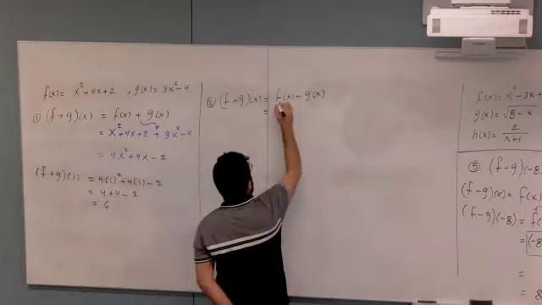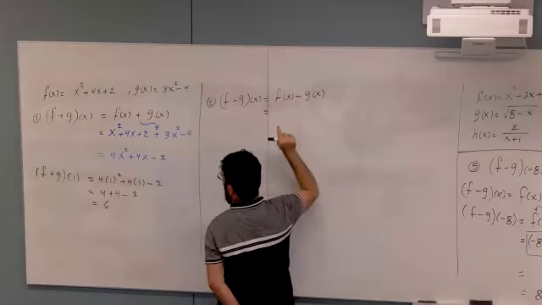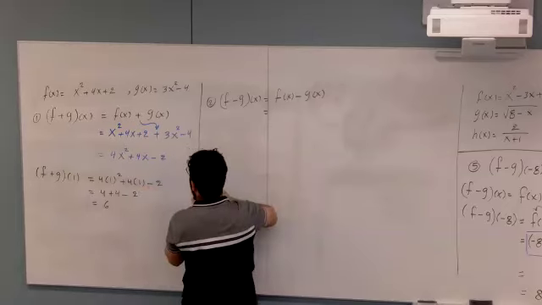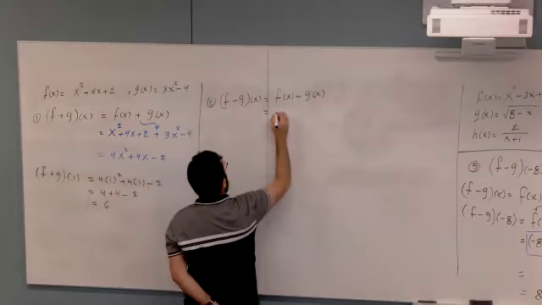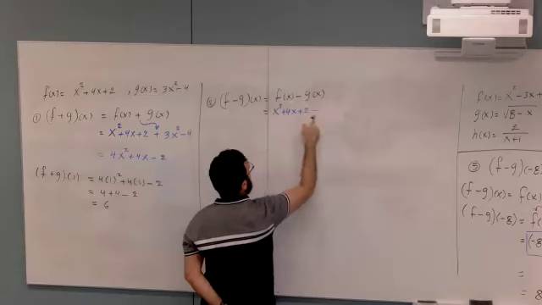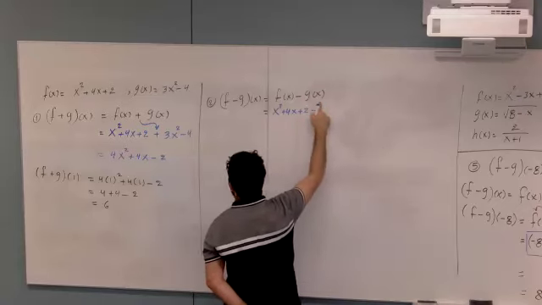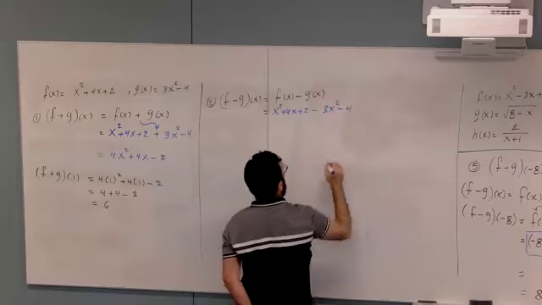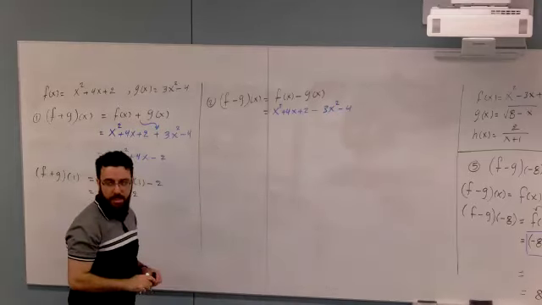I'm doing that on purpose. You have to be careful on one thing. So f of x is x squared plus 4x plus 2, minus g of x, 3x squared minus 4.